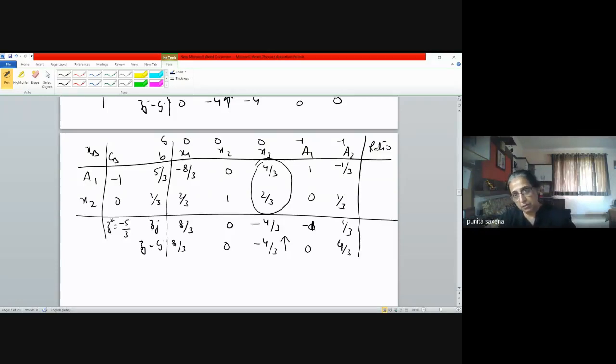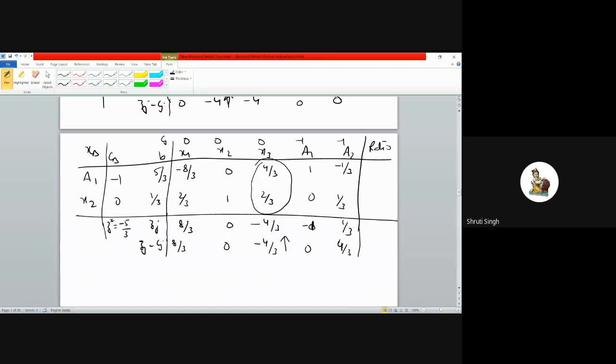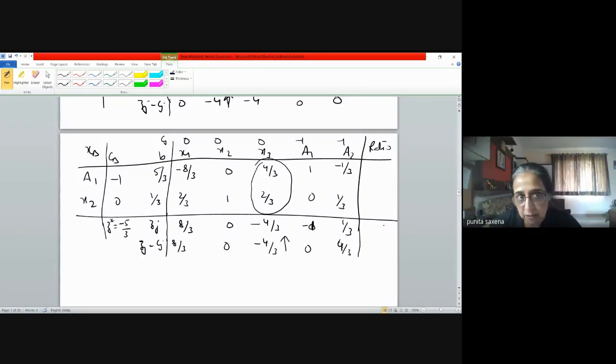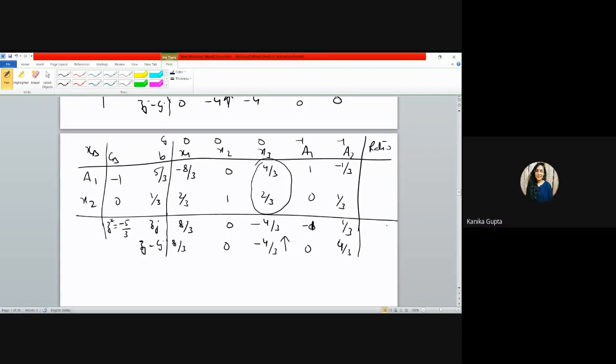So which one is smaller? 1 by 2. Convert to decimals, that's how you find it easier. Yes, X2 will leave.